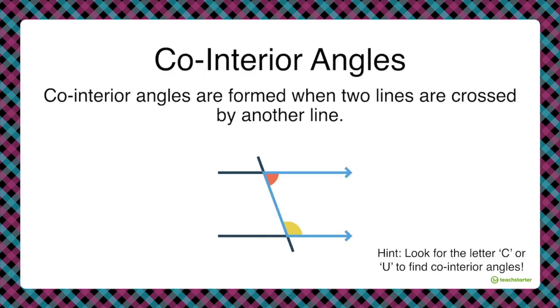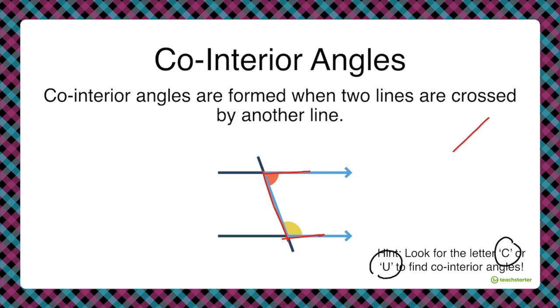The next one that we have with transversals is the co-interior angle. Co meaning two, interior meaning inside. So it's the two angles inside. We can look for the letter C, or sometimes it looks like a U. But basically, it's the two angles that are inside the box.